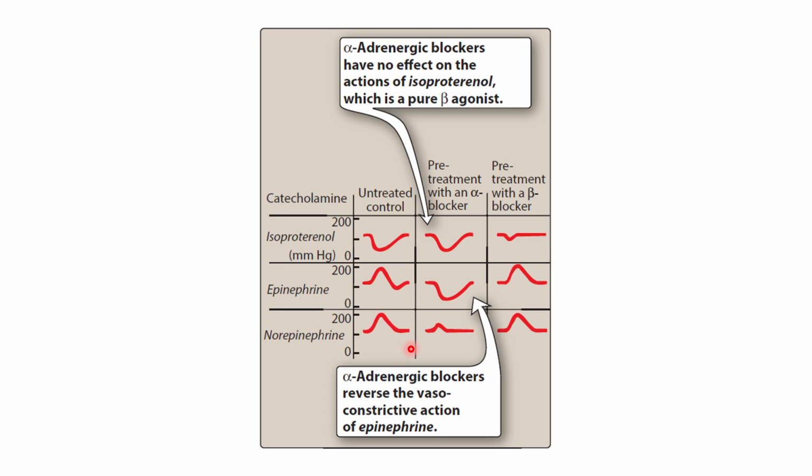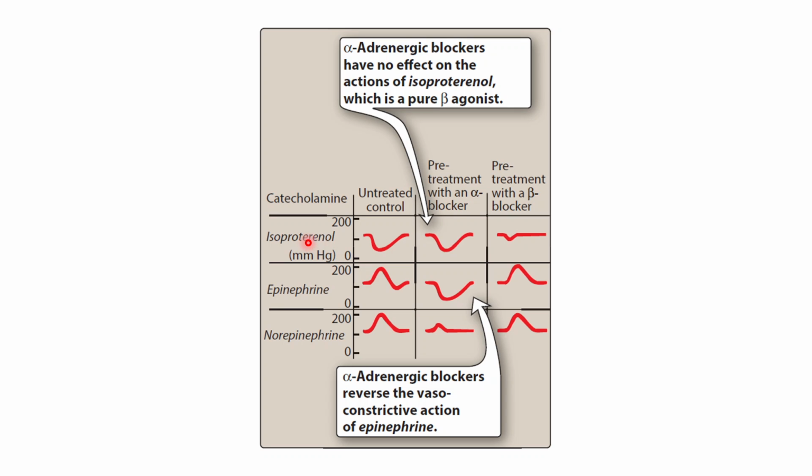And with norepinephrine, it will decrease the action of norepinephrine because norepinephrine will not act on the beta receptors much, it is mostly an alpha mimetic. So the action of norepinephrine will be reduced.